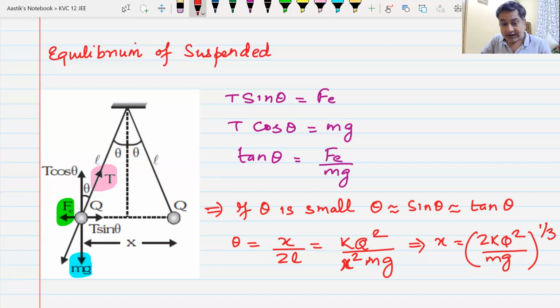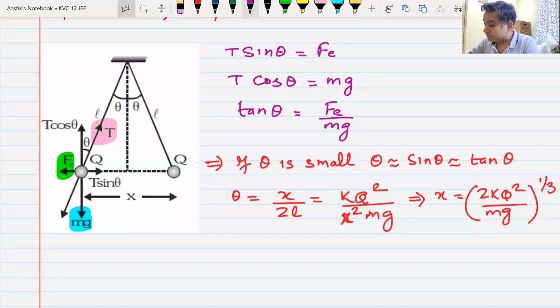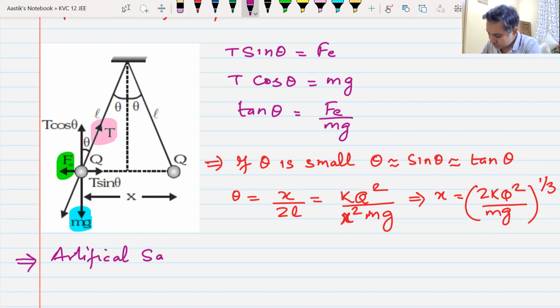Okay, now they can give you a special case here. They may give you a special case if this entire arrangement is taken in an artificial satellite. I've seen a case like this. Basically what they mean by artificial satellite is your G becomes equal to 0. Do we understand this?